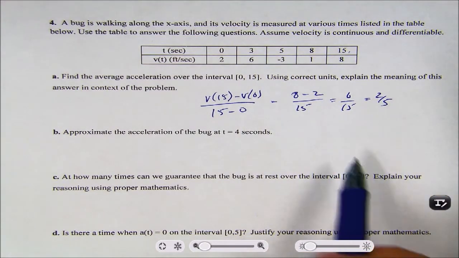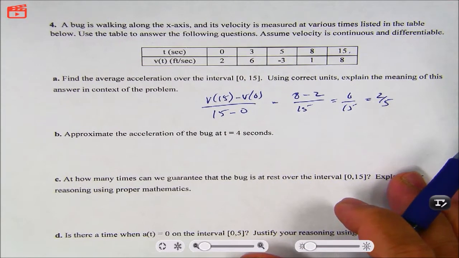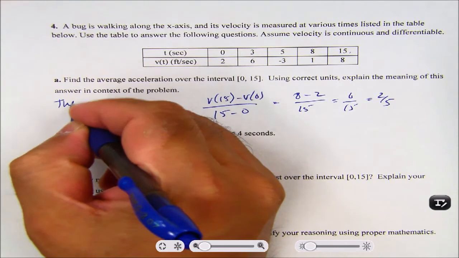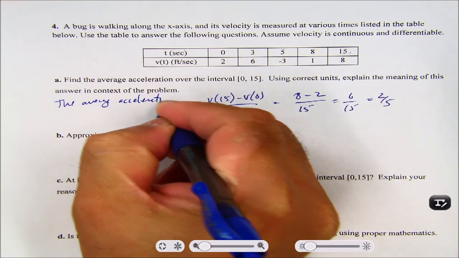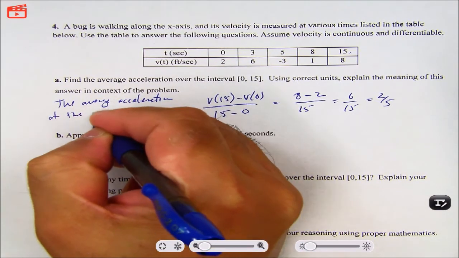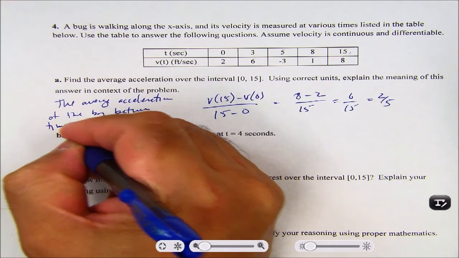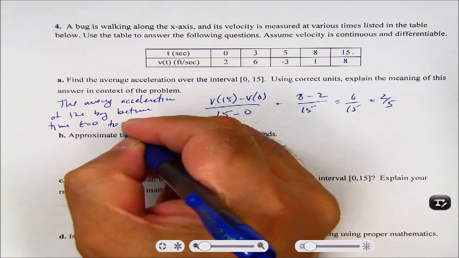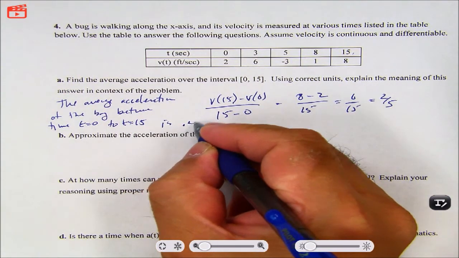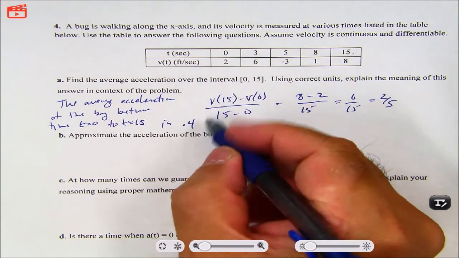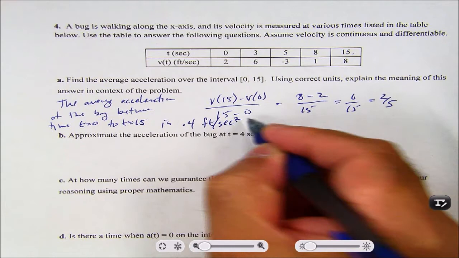Alright? And then it says, using correct units, explain the meaning of your answer in the context of the problem. Alright, so the average acceleration of the bug between time t equals 0 to 15 is 0.4, and what is it, feet per second squared.